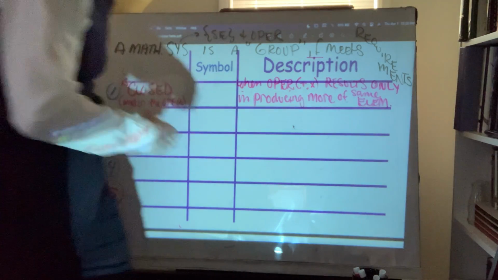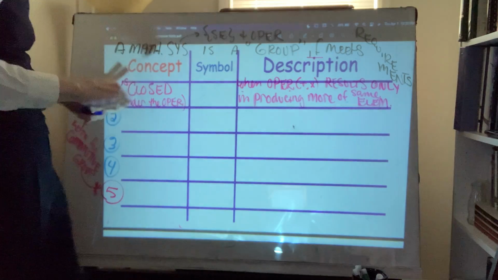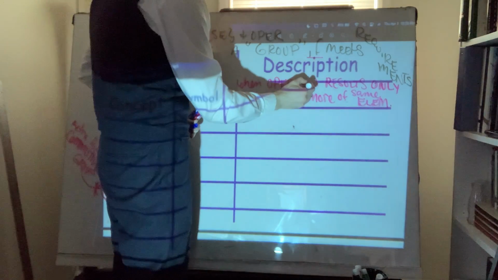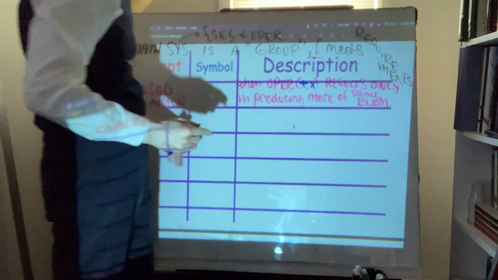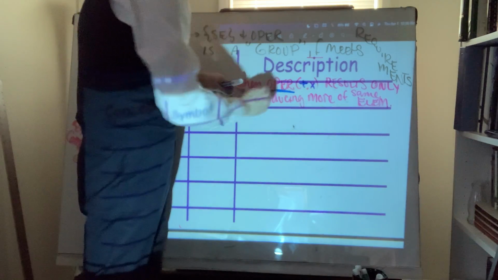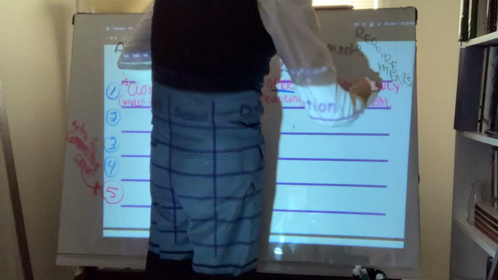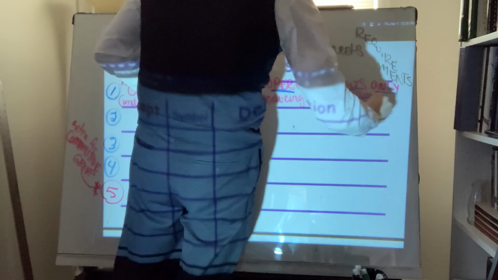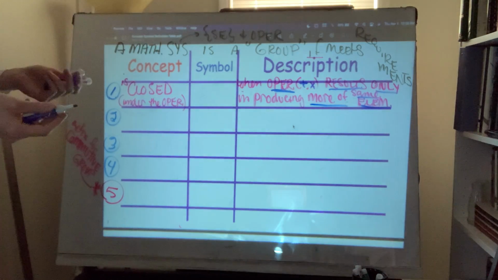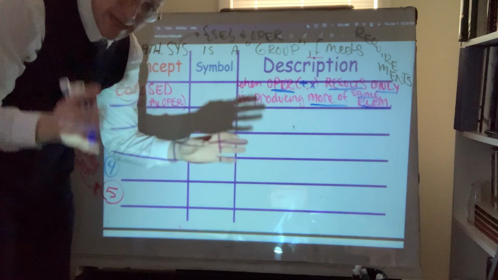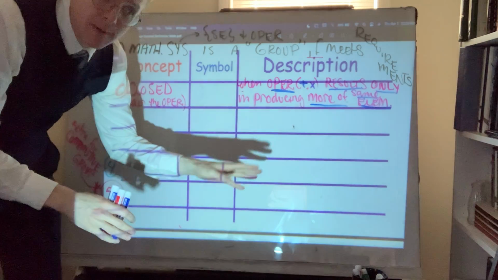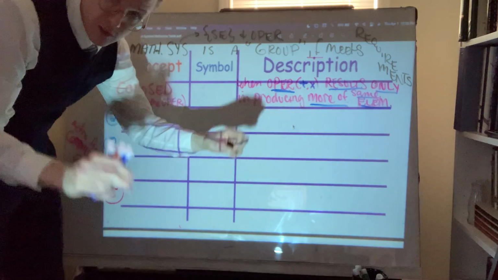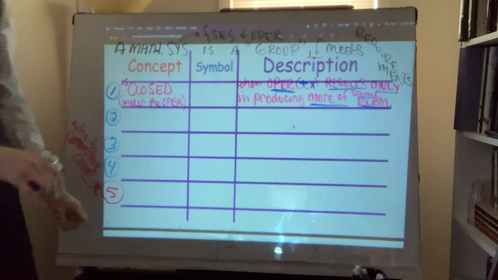There's certain words you have to capitalize because I want to emphasize them. If something is truly closed under a specific operation, and again that operation is typically adding or multiplying, it is when an operation, one of these two perhaps, results only in producing more of the same type of element. So for example, if you're dealing with natural numbers, 1, 2, 3, 4, 5, and adding them only results in producing more natural numbers, then we say that the system is closed.